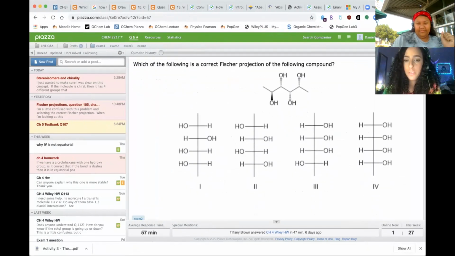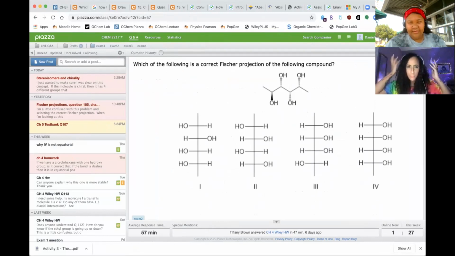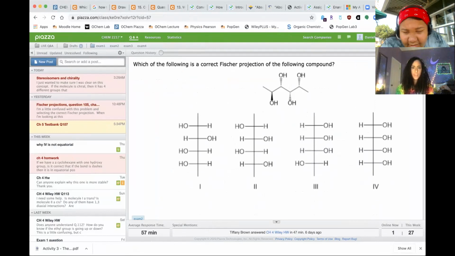Which of the following is a correct Fisher projection of the following compound? Now I'm a little frazzled because I can't even use the logic that I was using. This one is so confusing to me.